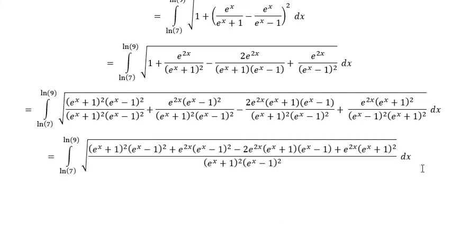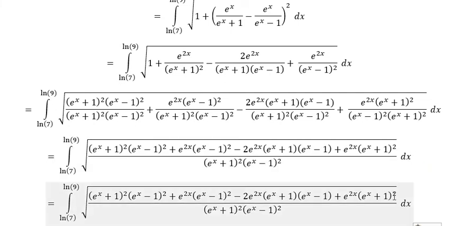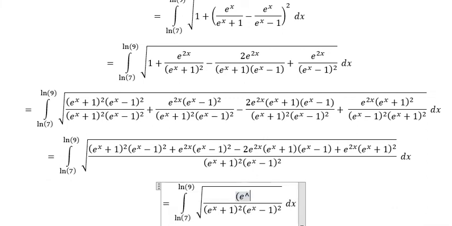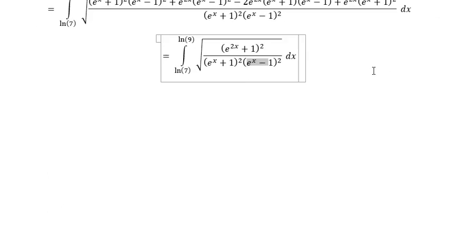Now if we try to simplify the numerator, we have e to the power of 2s plus 1 to the power of 2. And this one e to the power of s plus 1 multiplied by e to the power of s minus 1. We have the formula in here.